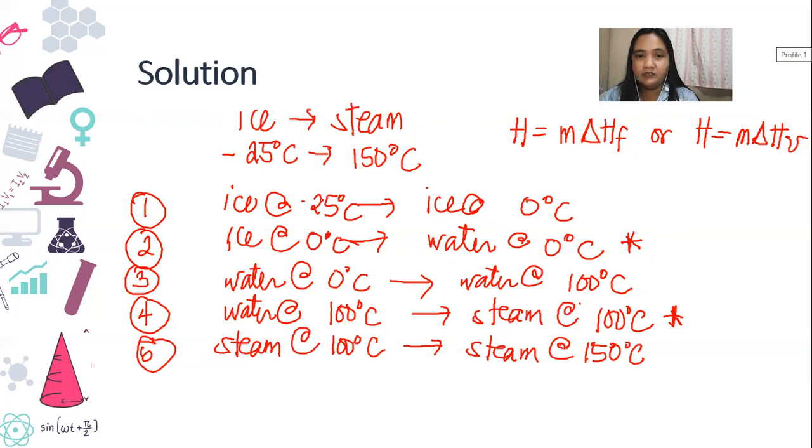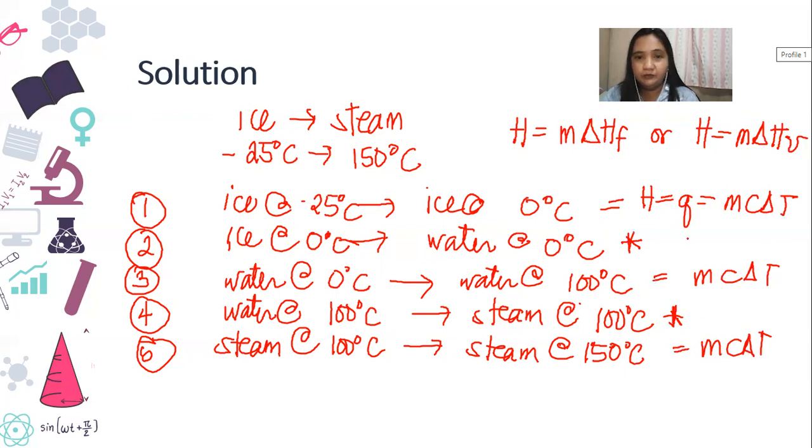But for this one, -25 to 0, 0 to 100, 100 to 150, these are classic, I'm sorry, Q equals mC delta T. Okay, I hope that's clear. And then this is also an mC delta T step, and this is also an mC delta T step.